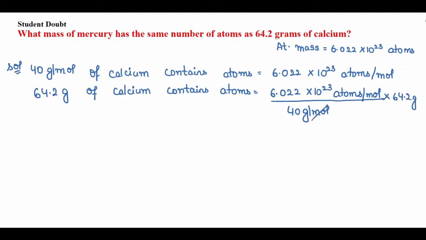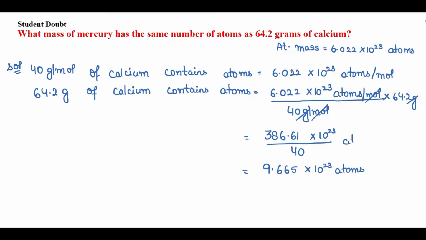I'll cancel this mole inverse with this, gram with this. So 6.022 into 64.2, the answer will be 386.61, and this 10 raised to power 23 will be written with it. So divided by 40. So 386.61 divided by 40, the answer will be 9.665 into 10 raised to power 23 atoms.